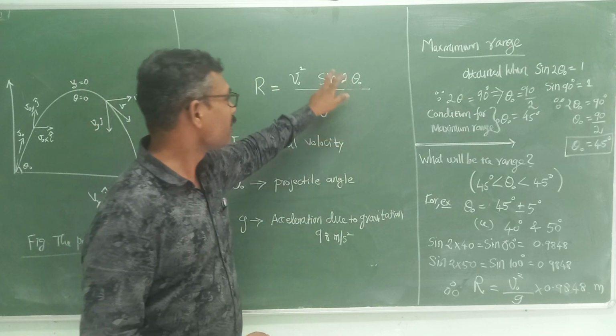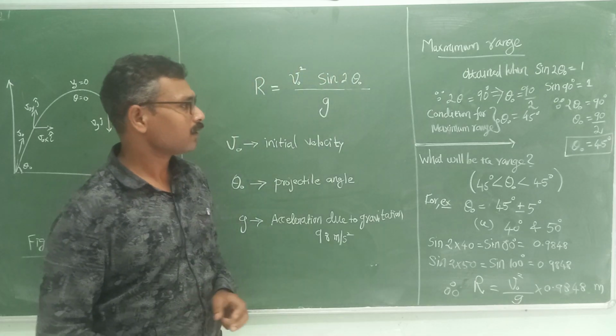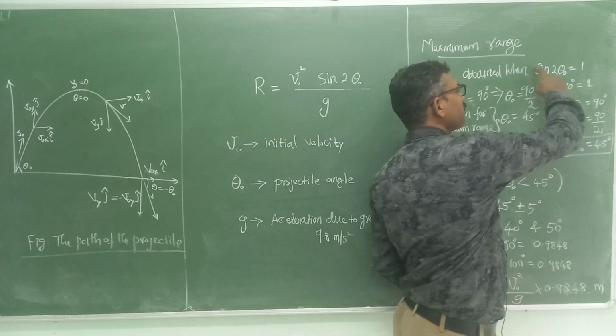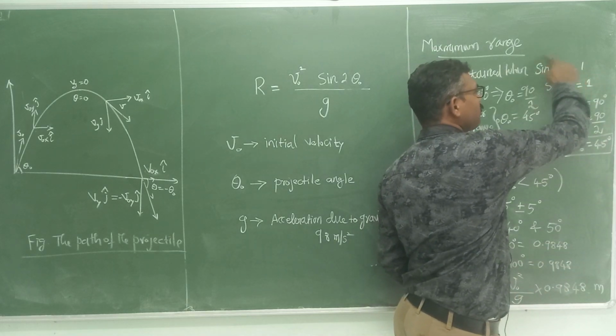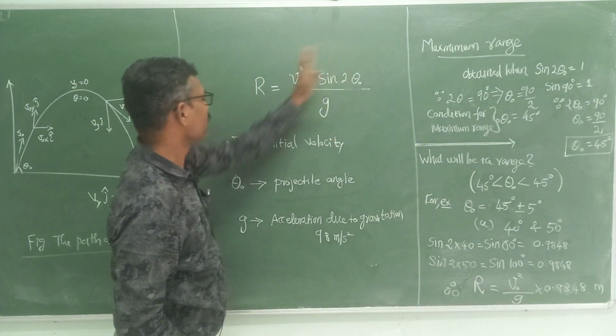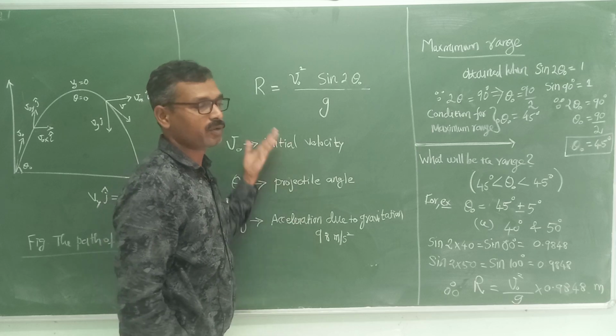In what condition does this equation get the maximum value? Let's see, sine 2 theta equals 1. When sine 2 theta attains 1, then r equals v naught square by g. That is the maximum possibility to get the range.